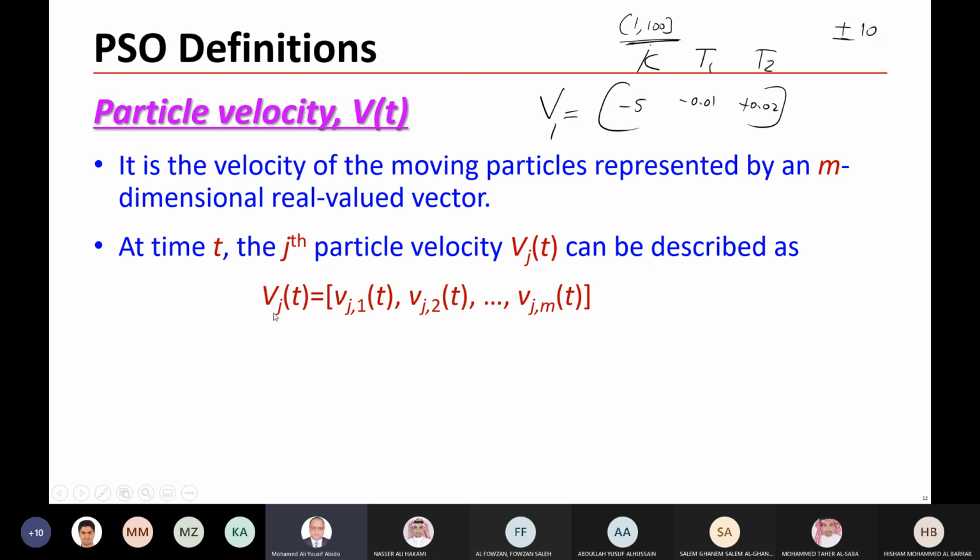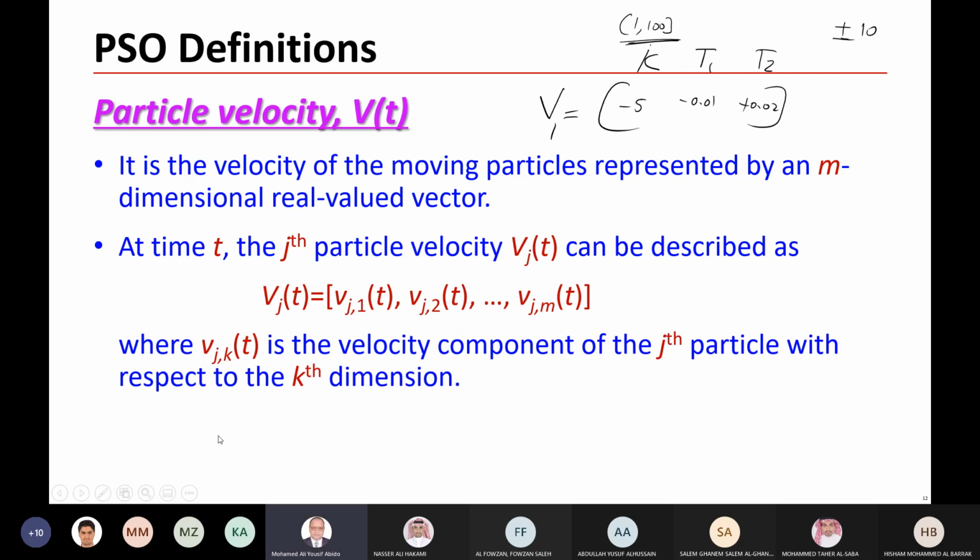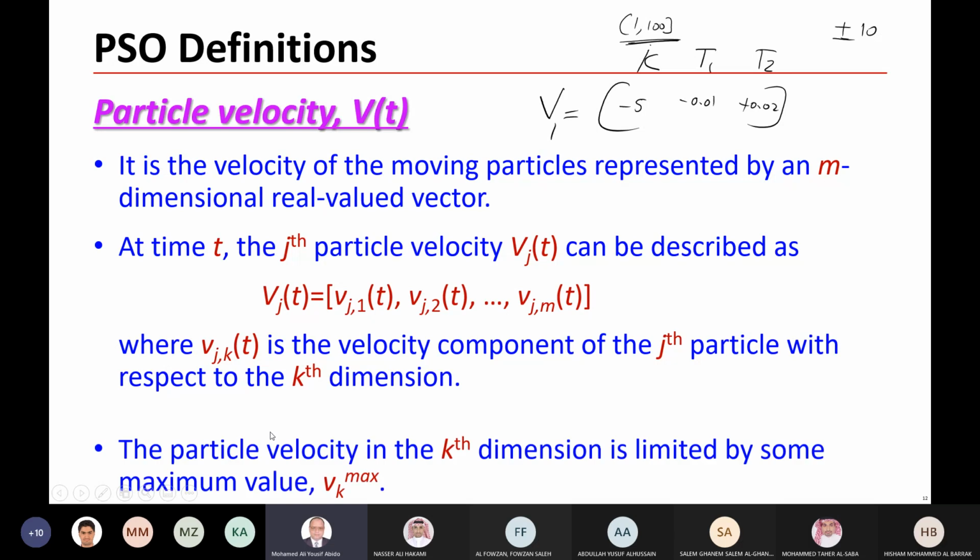So v_j is m-dimensional also, a real valued vector. And this is the velocity component of the jth particle with respect to the kth dimension. And this is the velocity of particle 1 in the dimension of the first parameter.